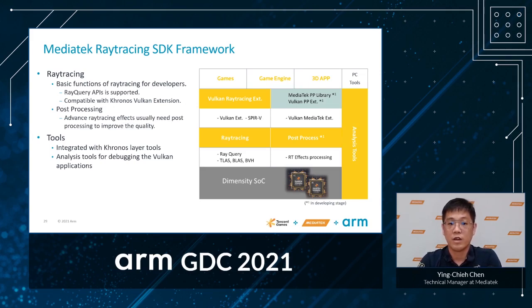Our RayQuery API is compatible with the Vulkan extension. To achieve advanced ray tracing effects, our framework also provides some post-processing functions to improve the quality and the performance of ray traced results. Our SDK also provides some tools for developers to debug and profile the program.